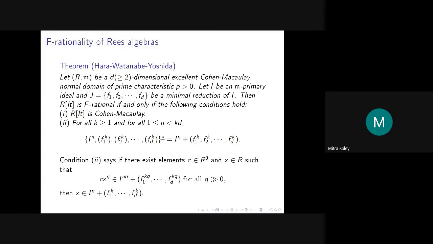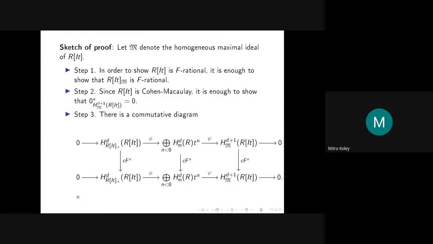To get a feel, I would like to sketch a proof of this theorem. I'll only state the steps. Recall that script M denotes the homogeneous maximal ideal of the Rees algebra. The first step is: in order to show that the Rees algebra is F-rational, it is enough to show that it is F-rational only at the homogeneous maximal ideal.